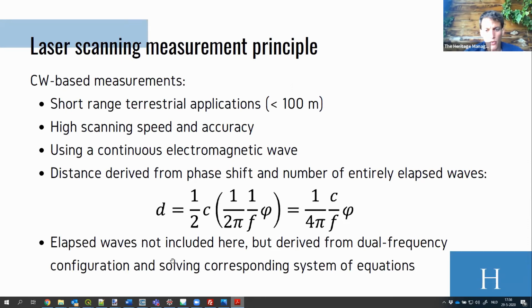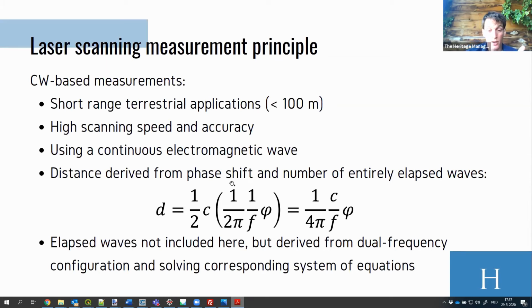The full number of waves is not included in this equation. So if the number of wavelengths is more than 1, then for this equation we measure only a fraction of our wavelength.